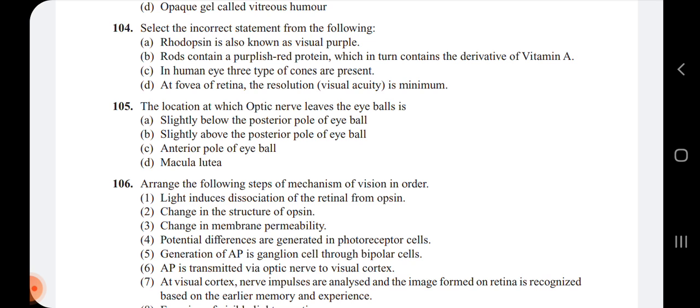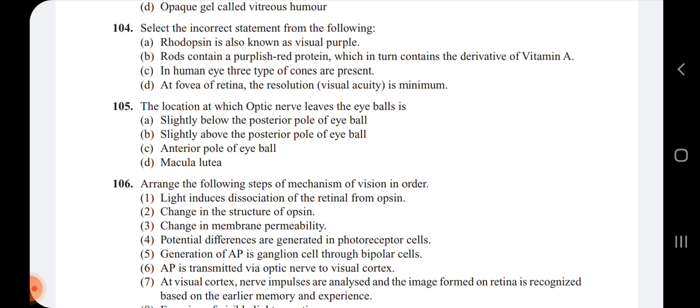Option C, in the human eye, three types of cones are present. That is also correct, as in the eye there are three cones present.